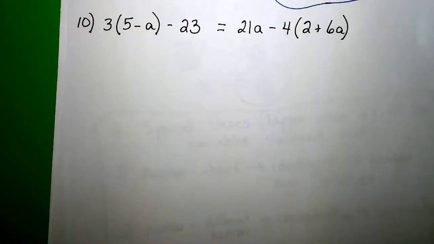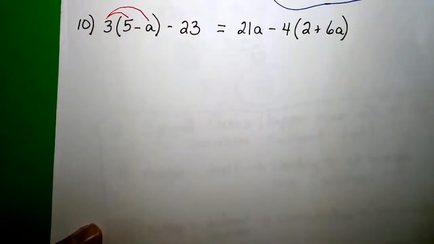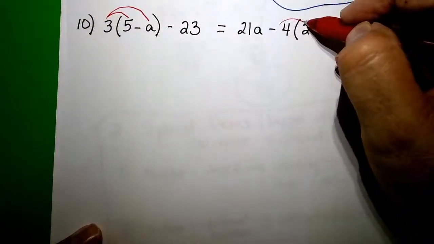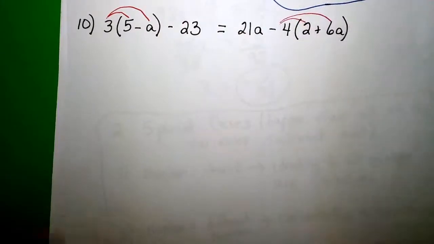What are we going to do first? Well, get rid of the parentheses by distributing. I'll distribute a 3, and over here I'm going to distribute a negative 4.